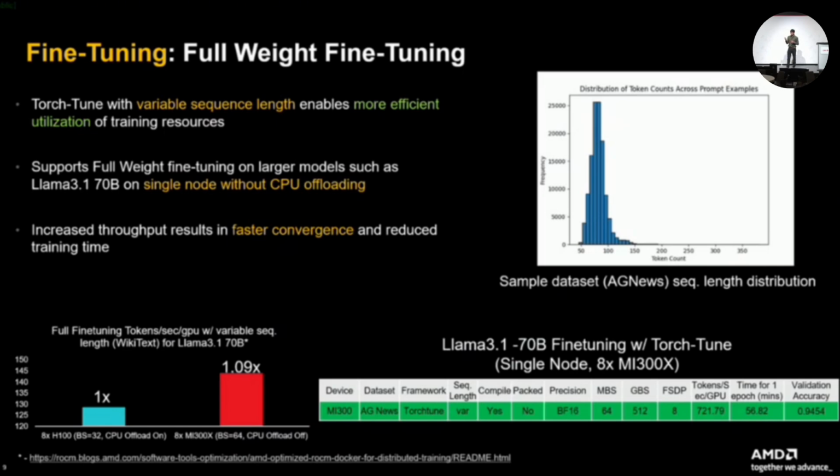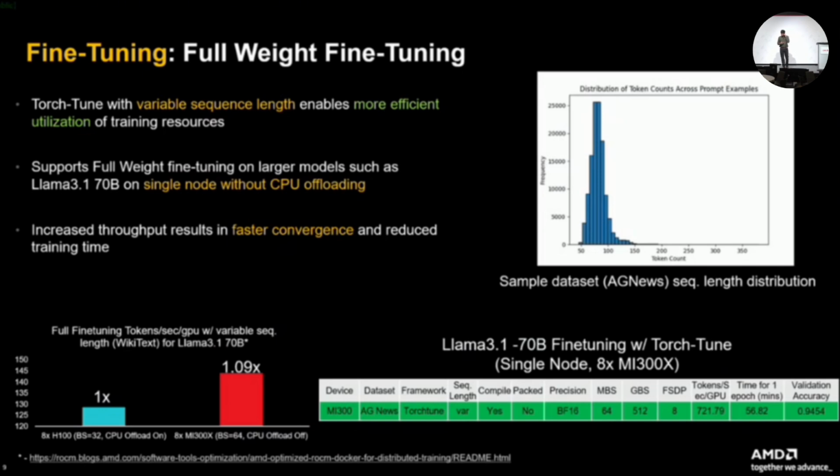The thing I wanted to highlight here is the distribution on the top right. You can see that some of the input sequences have a really small sequence length, and some have a very long sequence length. When you're trying to train, you want to fit the maximum sequence length, so you're basically padding zeros where you don't have enough data. That reduces the efficiency of your training a lot.